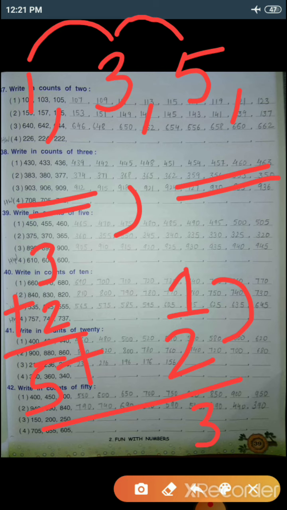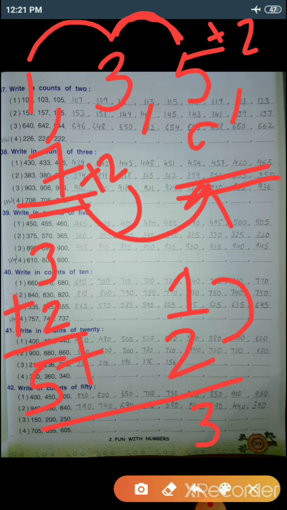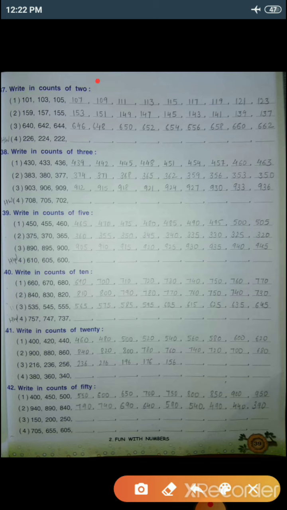Okay, when we are going to add 2, we are getting the next number. So add 2 in the next number, 5 plus 2 will give you 7. So our next number comes 7. Okay, again add 2, then we'll get here 9. So with the help of this method, we are going to solve question number 37.